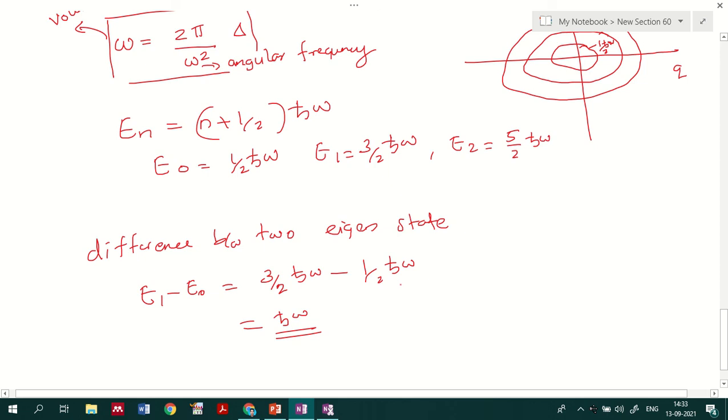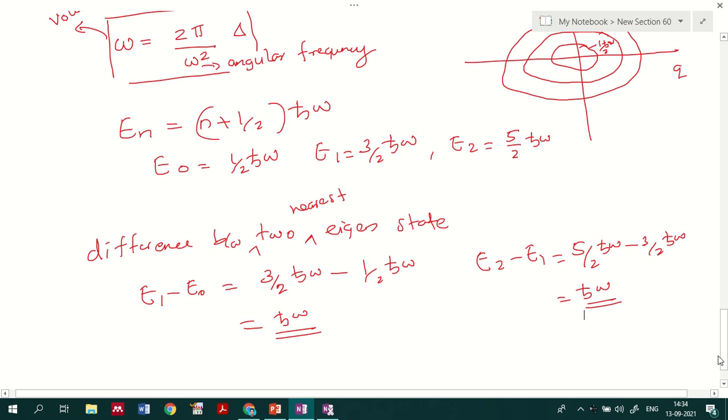Similarly you can also do E2 minus E1. So actually we are taking the difference between two nearest eigenstates. E2 minus E1 means 5 by 2 h cross omega minus 3 by 2 h cross omega. Again you are going to get h cross omega. So that is the difference here.